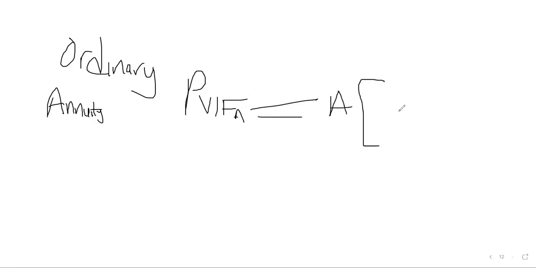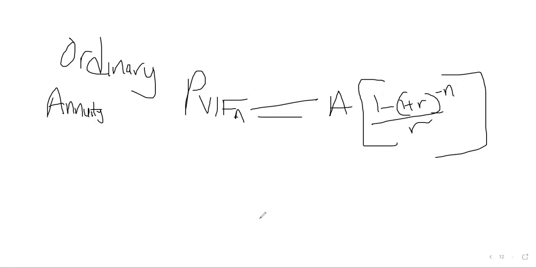So the present value interest factor of that annuity is equal to the amount, then open brackets 1 minus (1 plus r) to the power negative n, then over r. This is how you get the present value interest factor of that annuity.